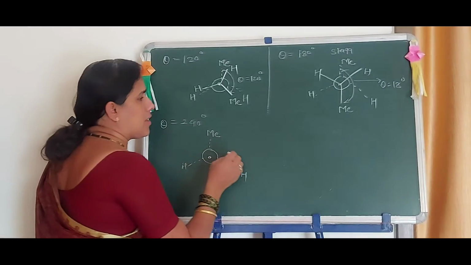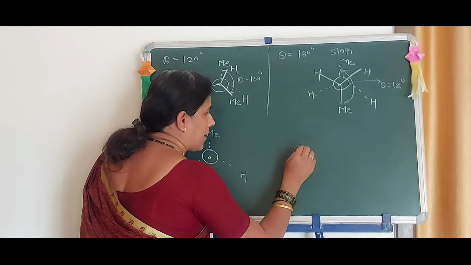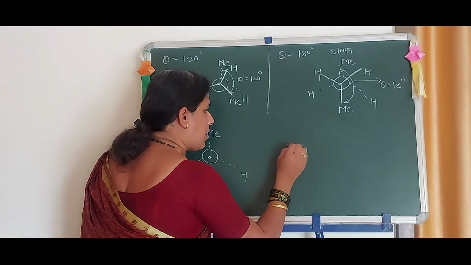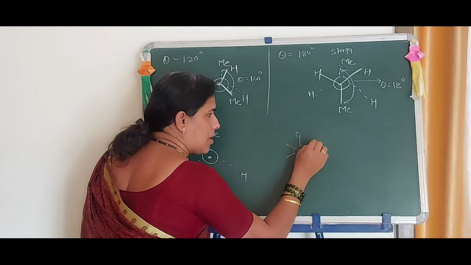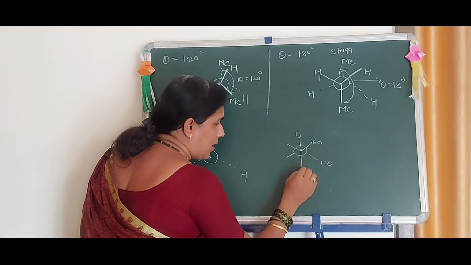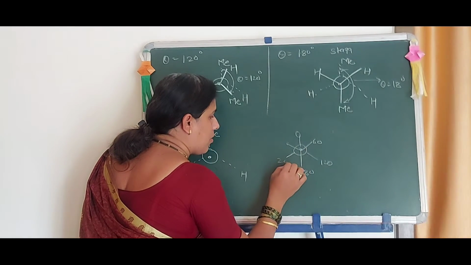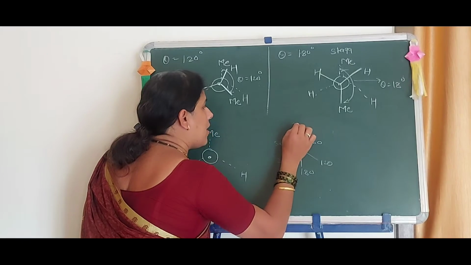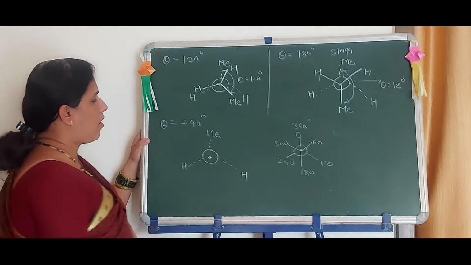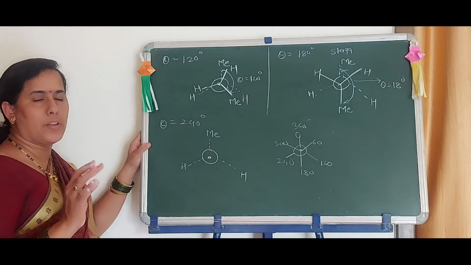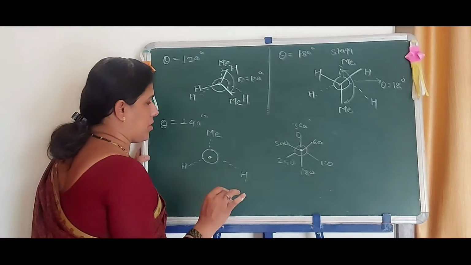For your simplicity, I can show you this. Here 0, here 60, here 120, here 180, here 240, here 300, and here 360. If you keep this portion in mind, you will easily become familiar with drawing the different types of conformations. Okay.